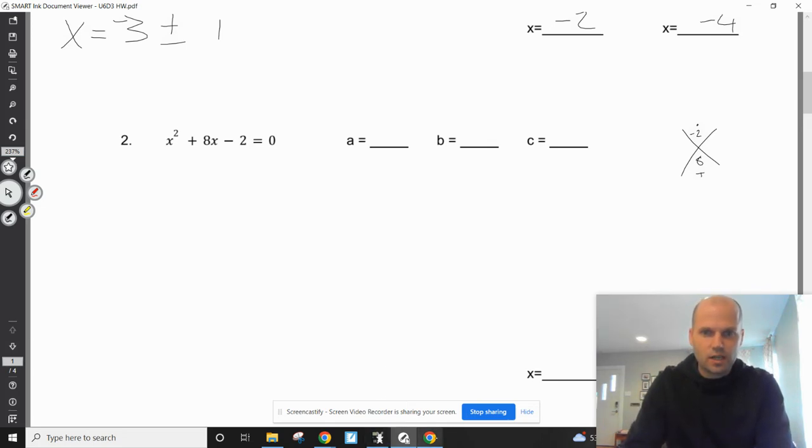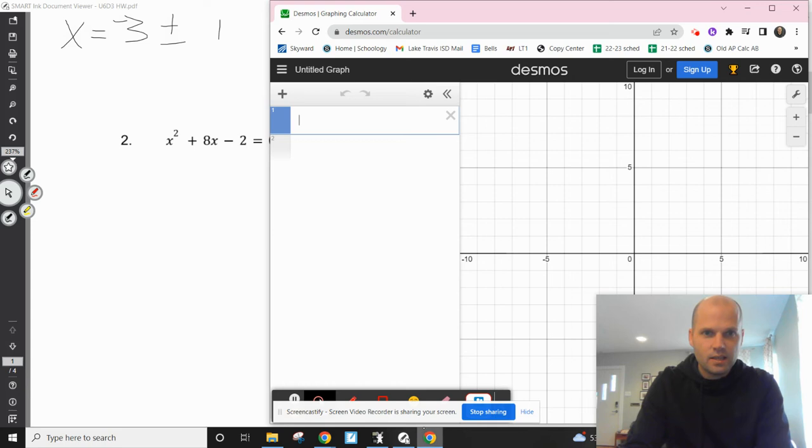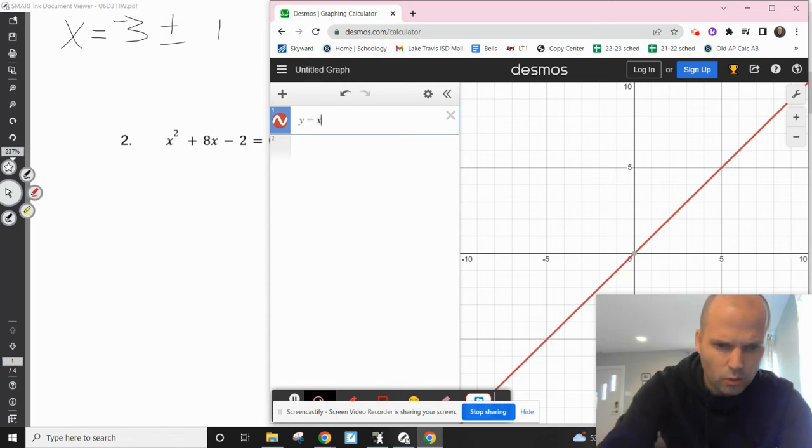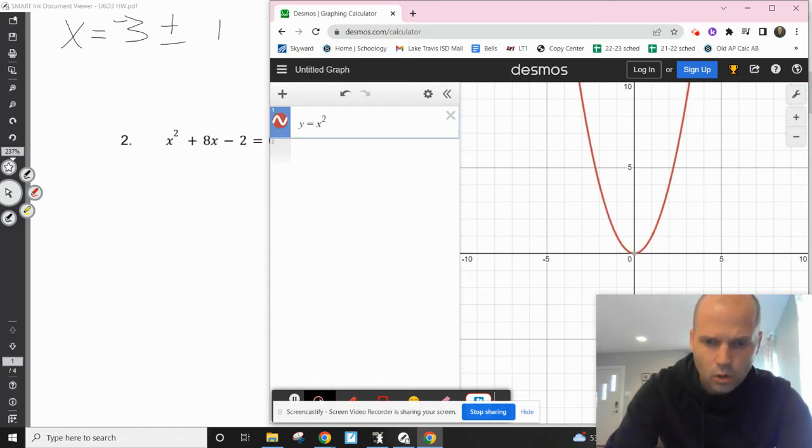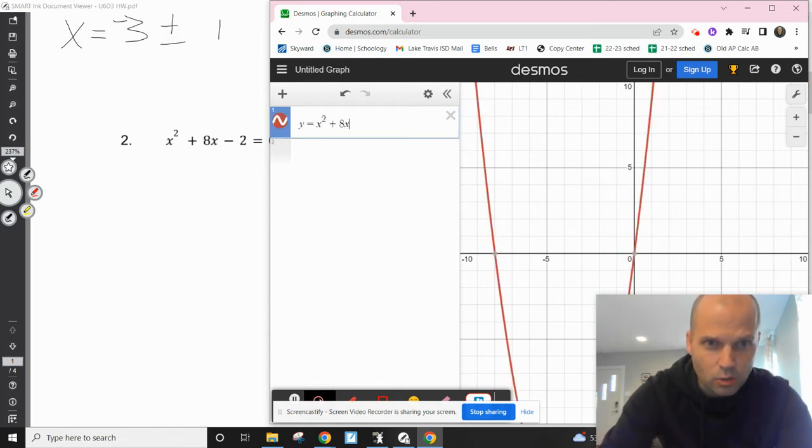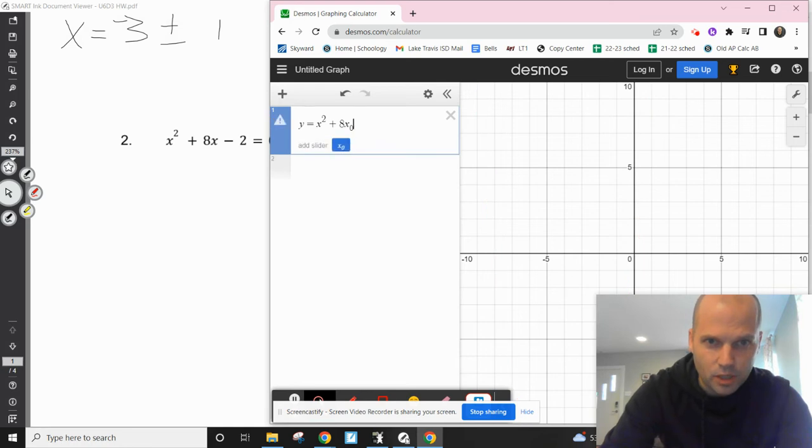The only way for us to really say that I have no solutions is either by graphing and seeing there's no real solutions, or by using the quadratic formula and discovering that you can't use it because you can't have a negative in a square root.